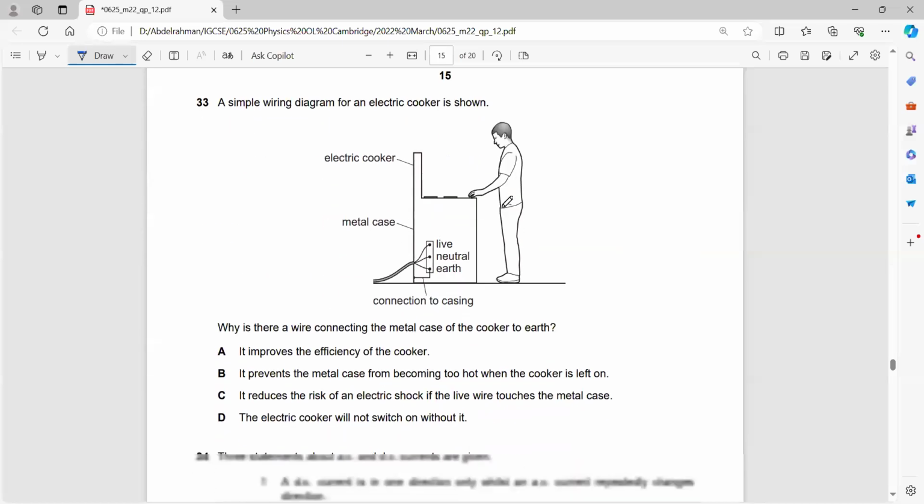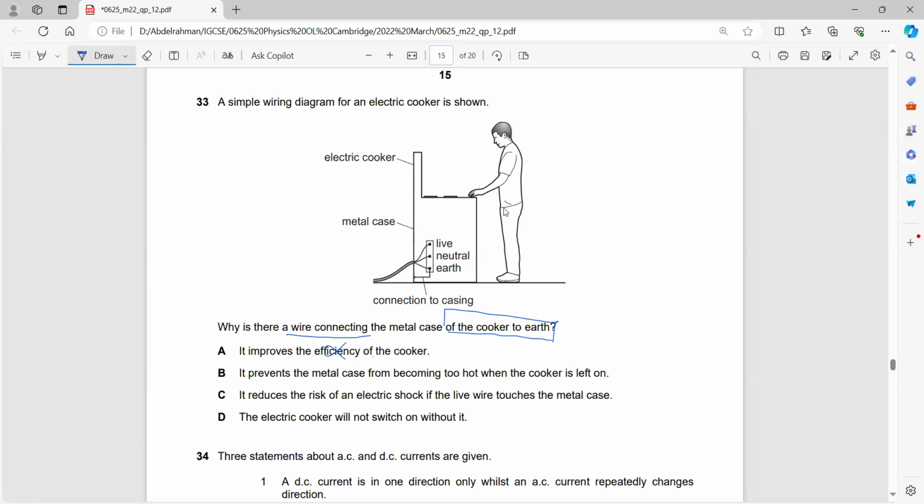A simple wiring diagram for an electric cooker is shown. Why is there a wire connecting the metal case to the earth? What's the purpose of an earth wire? It improves the efficiency?